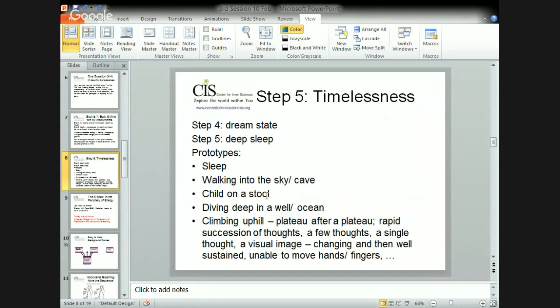Last time I used again the child on a stool, as if the mother is not even aware of the child, because the child is definitely inactive, not taking the mother's attention, and is absolutely obeying the mother's command and staying put there. So we have used all this. Today I am now using another analogy.